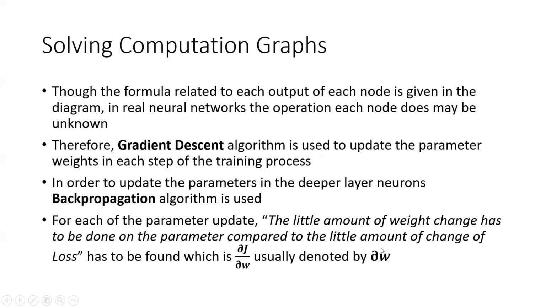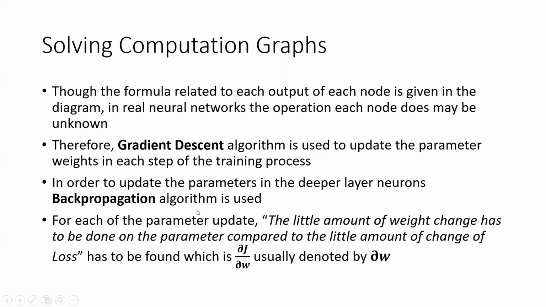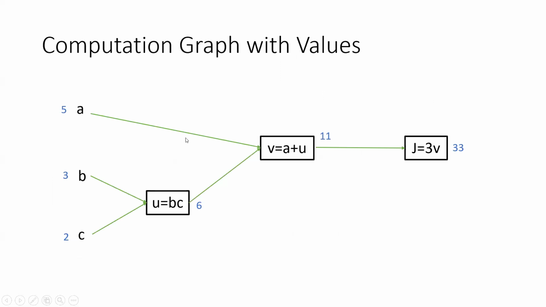So when you see ∂W somewhere, that means J is the final parameter, the last, resultant parameter of this graph. How much should this parameter change with respect to each of the parameters? In this computation graph there's no W parameter, but all of A, B, C, U, V can be considered as W parameters.